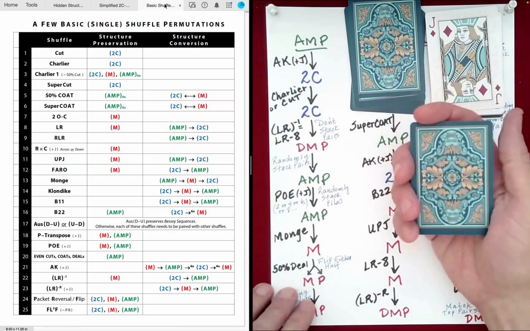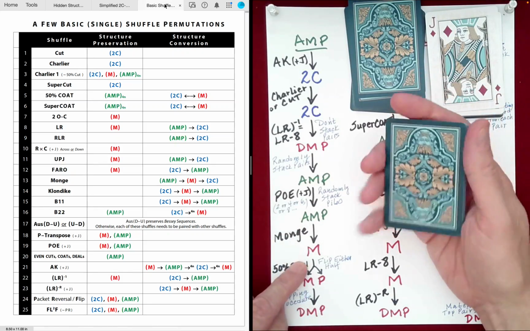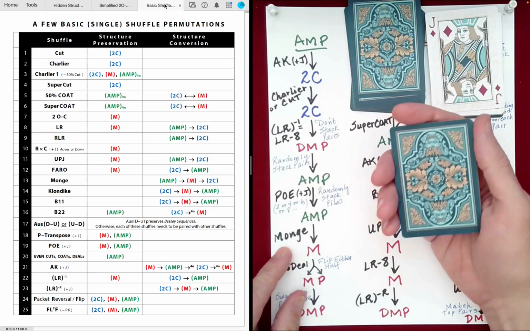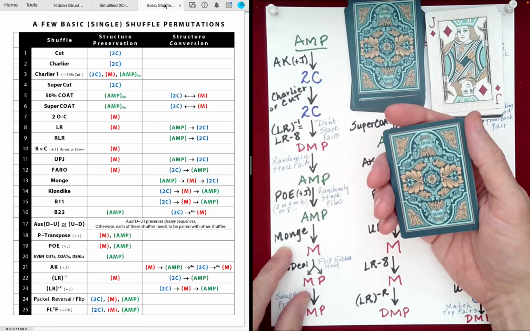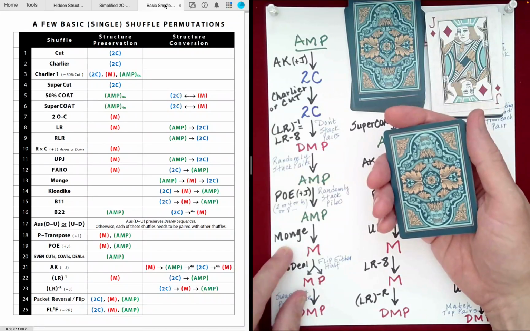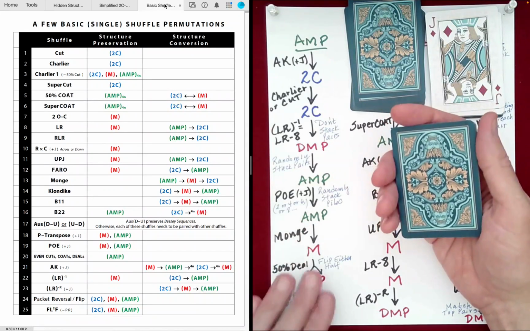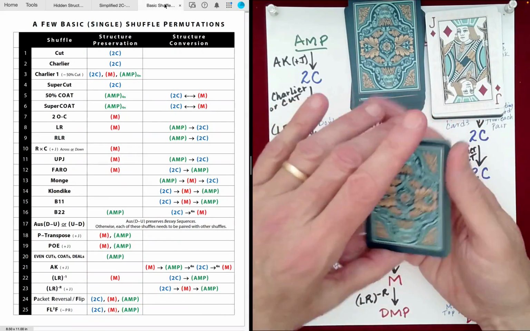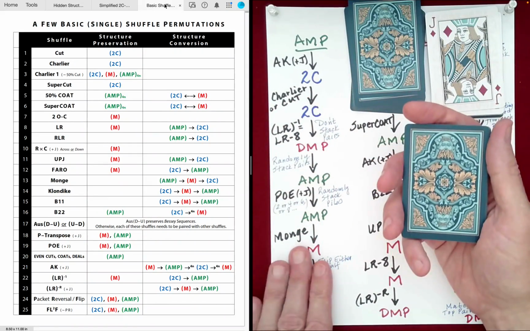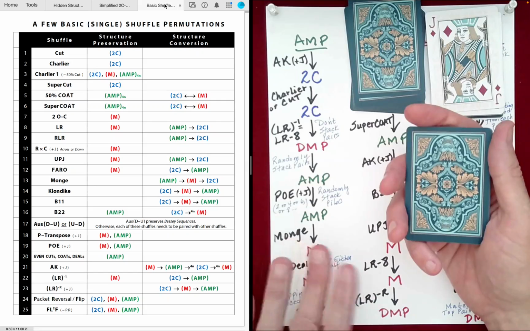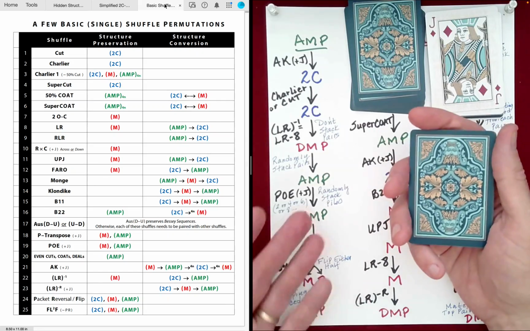Okay. Now we're going to convert it to a mirrored structure by way of the mange. If you take a look at the table on the left, it's line 13. And that will always convert an AMP to a mirrored structure. And if you remember, the mange shuffle comes in 2 varieties, an over-under and an under-over.